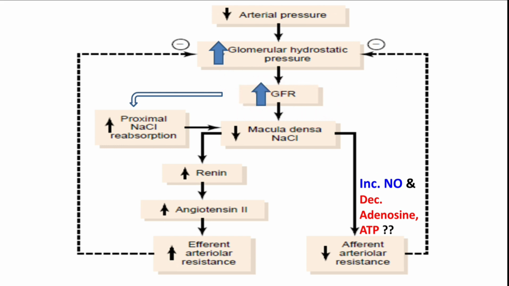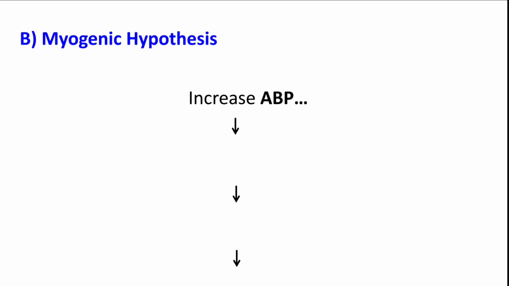So this is the basic concept of autoregulation, that despite changes in the arterial blood pressure, the GFR tends to remain constant. Now the second theory which can explain the autoregulation is the myogenic theory.